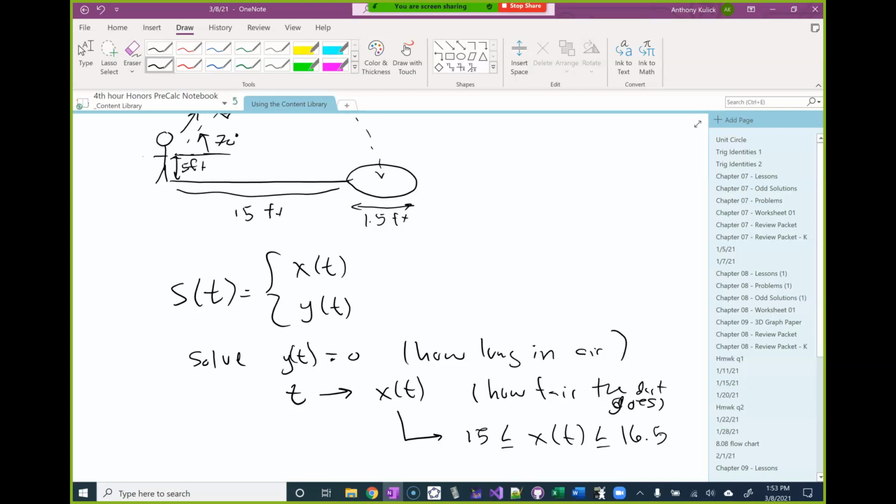Okay, so if I take my projectile motion formula, my horizontal position is the initial velocity cosine theta times t, and my vertical position is this.